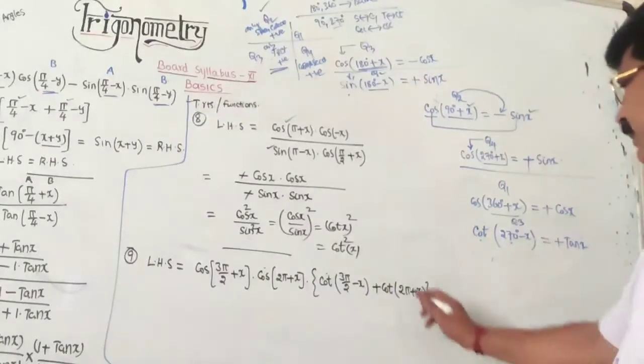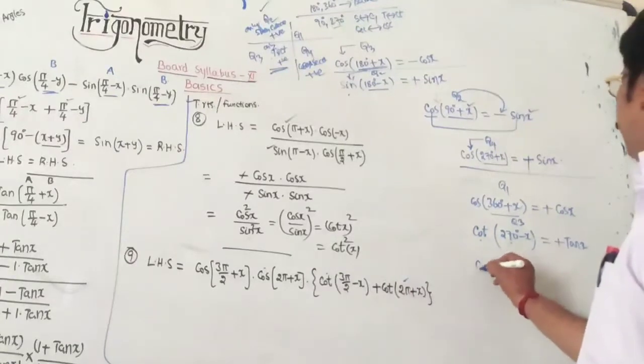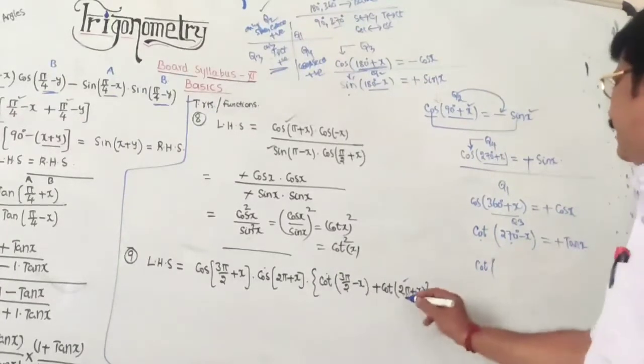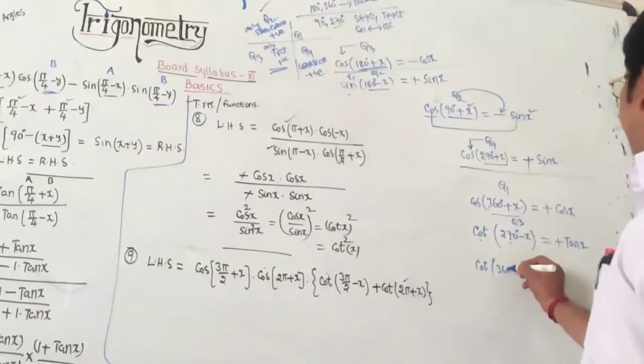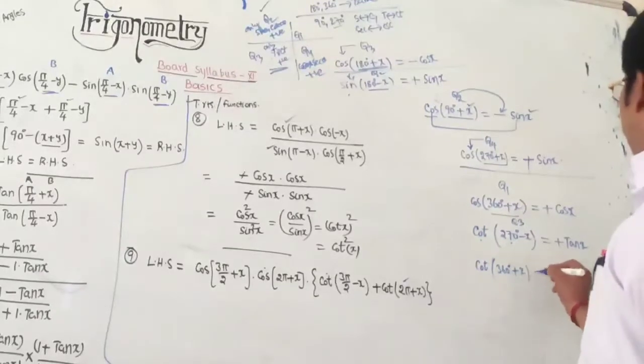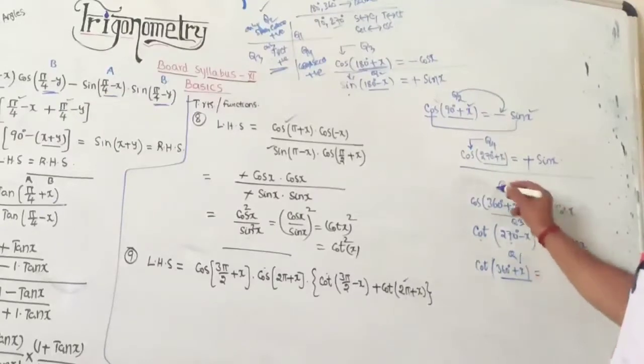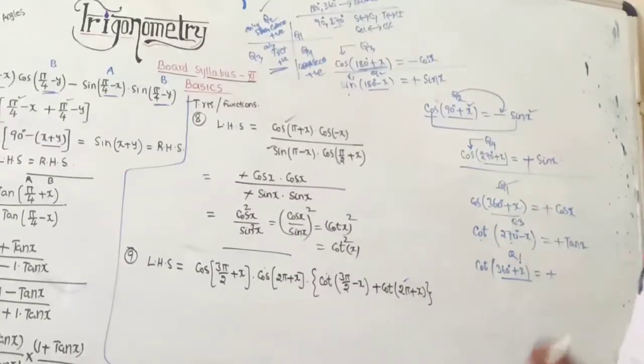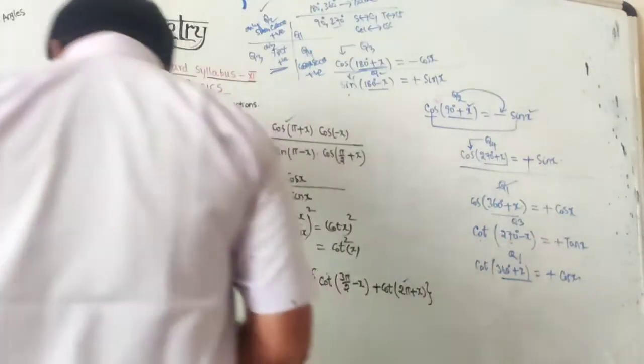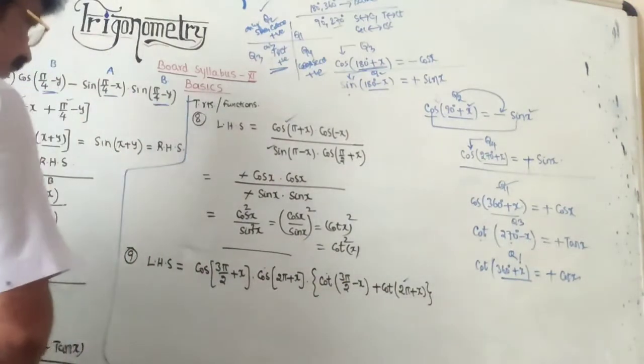Next, cot of 360 degrees plus x. That is 360 plus, first quadrant. In the first quadrant all are positive and 360 has no change, so same cot x.